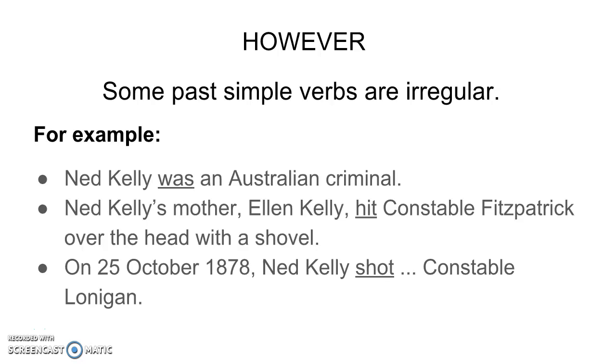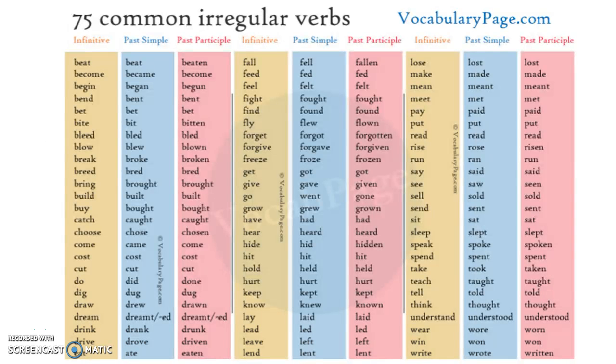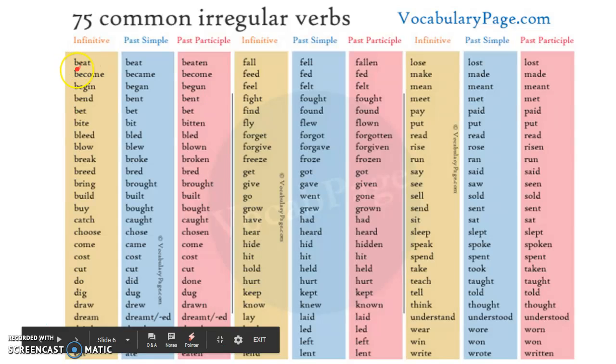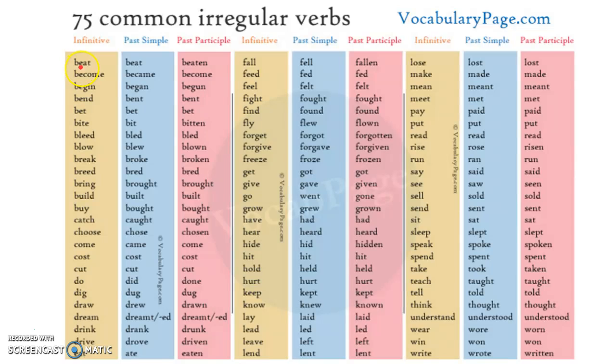In fact, there are very many irregular verbs in the past simple tense. Here is a list. Yes, it's a very big one, but you can see here how the verbs change. The infinitive is beat, and in the past it stays the same.